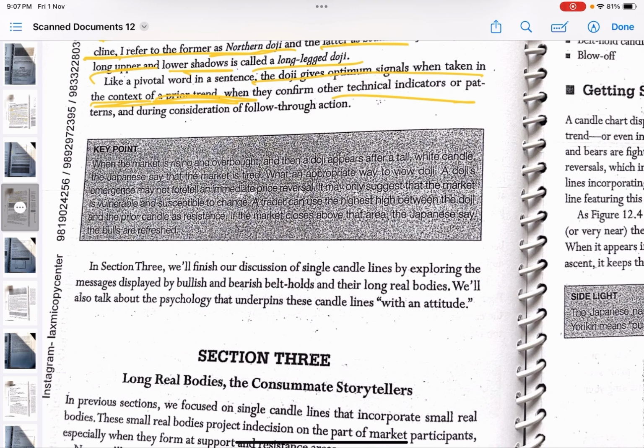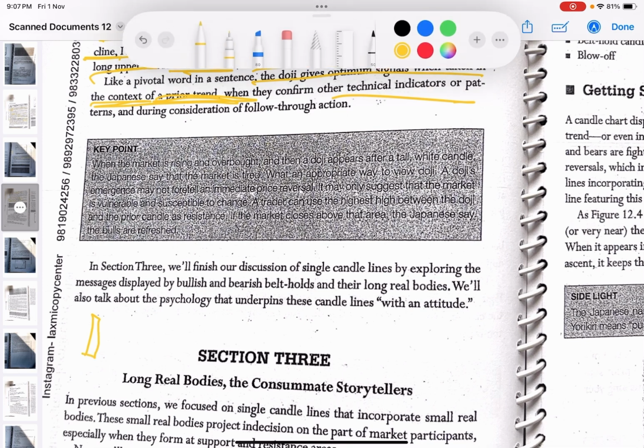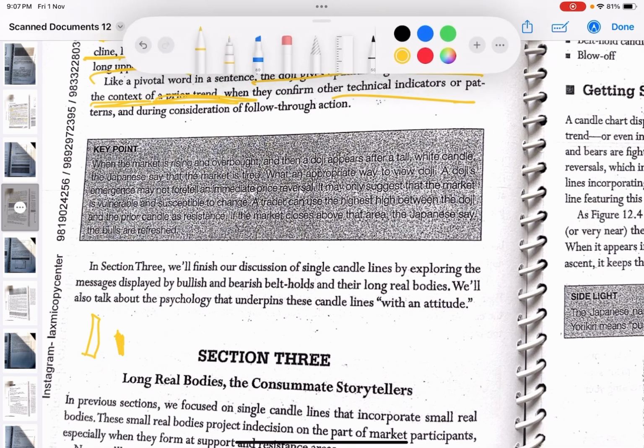A trader can use the highest high between the doji and the prior candle as resistance. If the market closes above that area, then the Japanese say that the bulls are refreshed. So if I have a prior candle and a doji like this, which is the highest high?